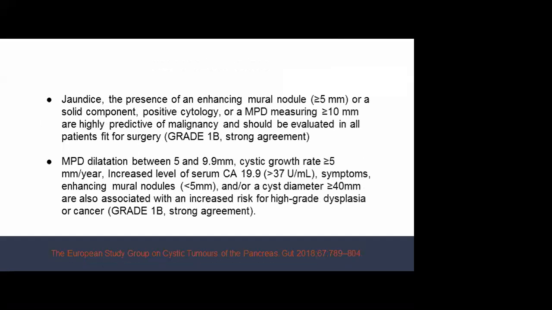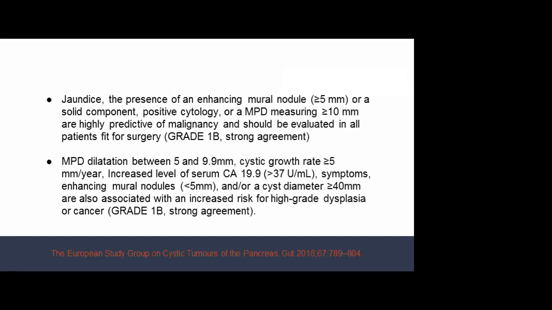According to the guidelines, jaundice or the presence of an enhancing mural nodule of more than 5 mm or a solid component, or a positive cytology, or a main pancreatic duct of more than 10 mm is considered a high risk feature and is an indication for surgery in a fit patient.